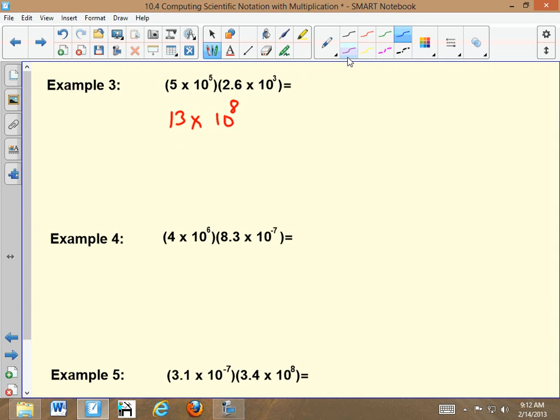No. Where does the decimal have to be? In between the 1 and the 3. Where is the decimal in 13 when I don't see one? Right here. Start from the X. X marks the spot. I go from the X to the decimal. How many did I move? Did I move to the right or left? Plus 1. My answer is 1.3 times 10 to the 9th power.